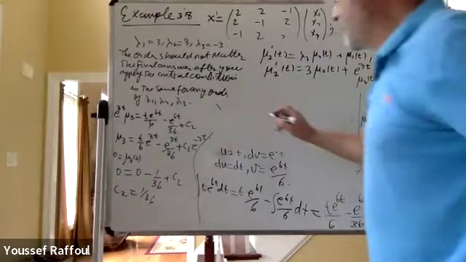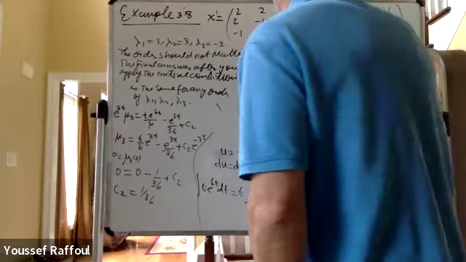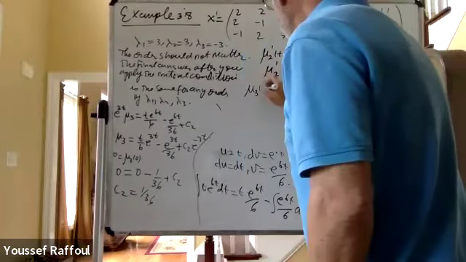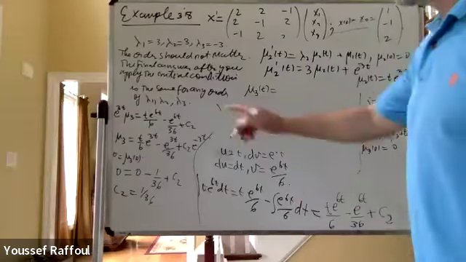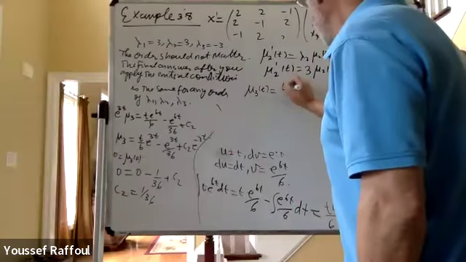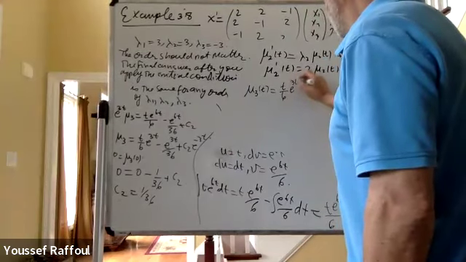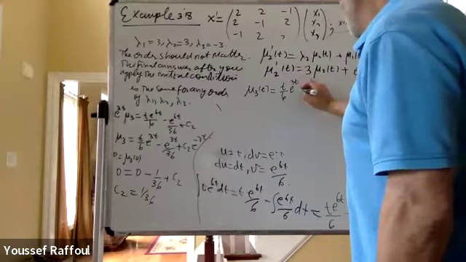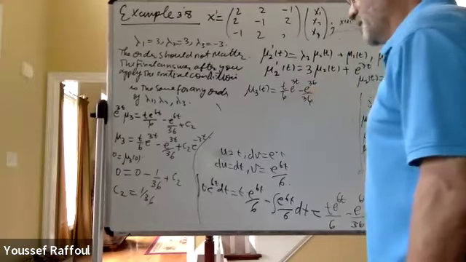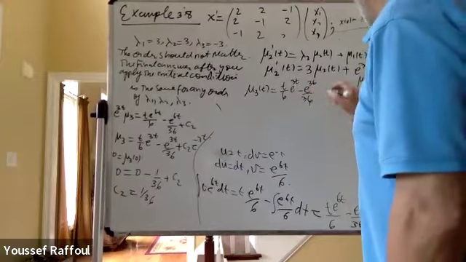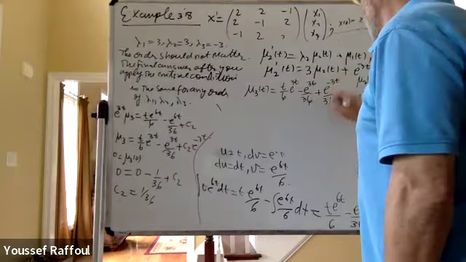With that being said, mu 3 of t is t over 6 e to the 3t minus e to the 3t over 36 plus e to the minus 3t over 36.